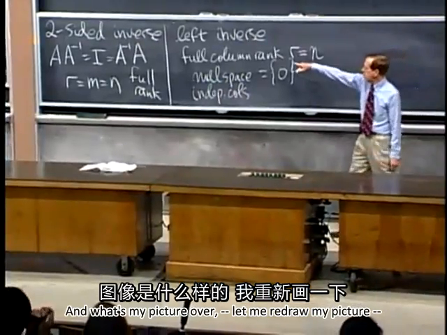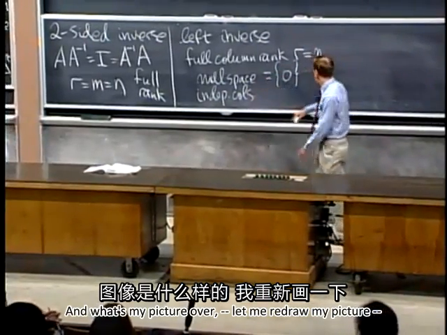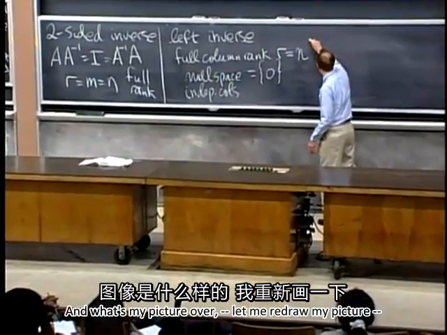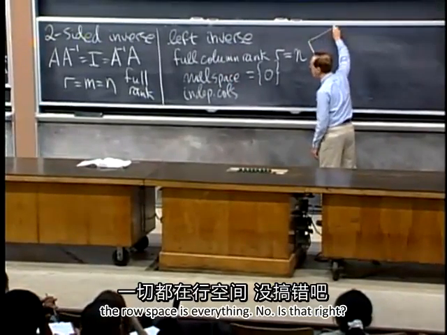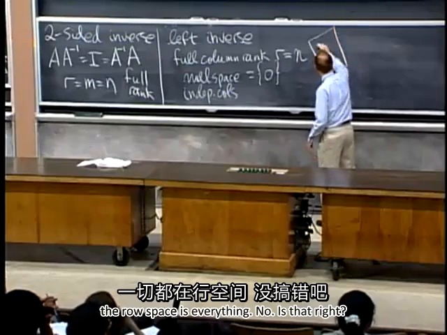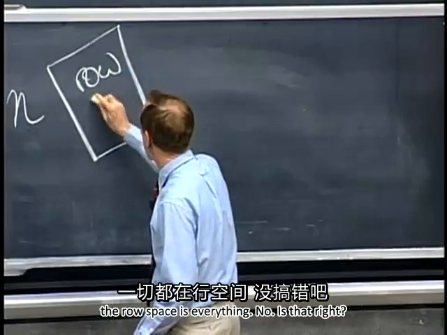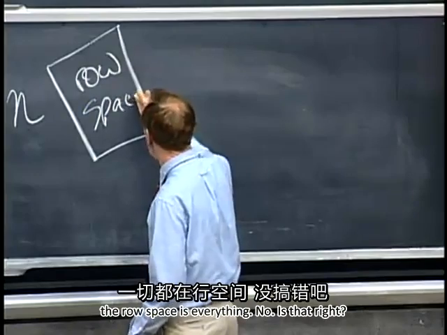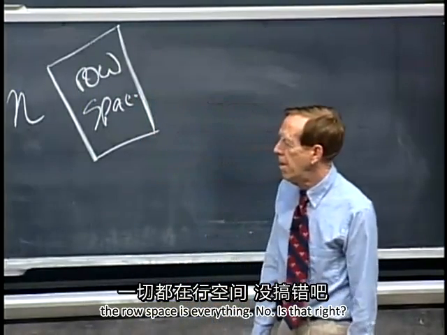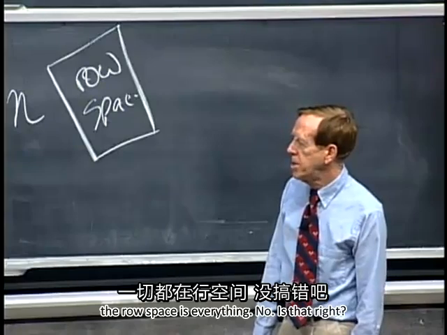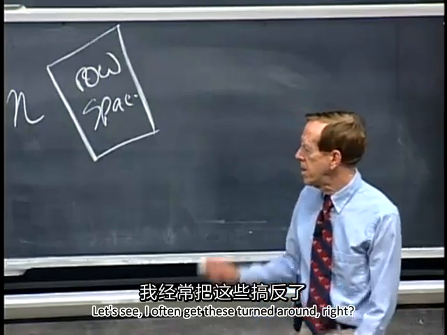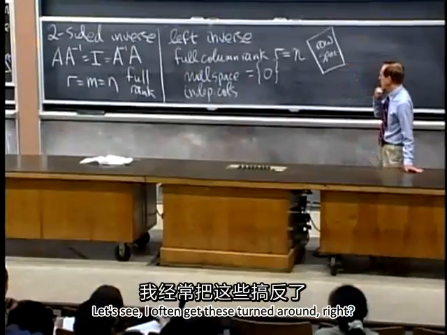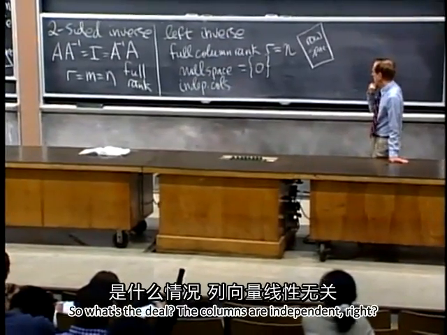And what's my picture? Let me redraw my picture. I have the row space is everything. The row space, let's see, I often get these turned around, right? So what's the deal?